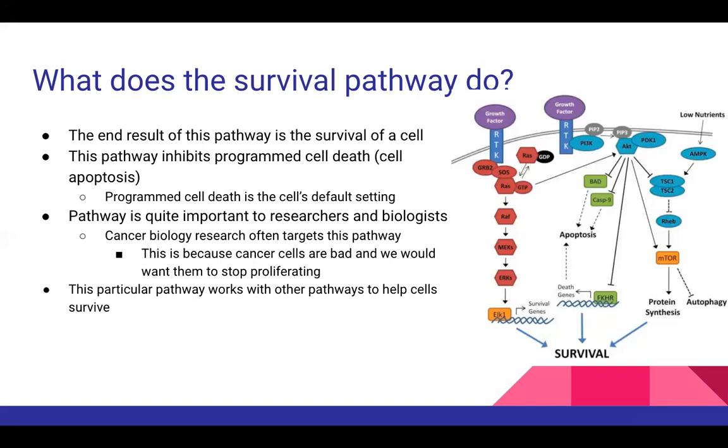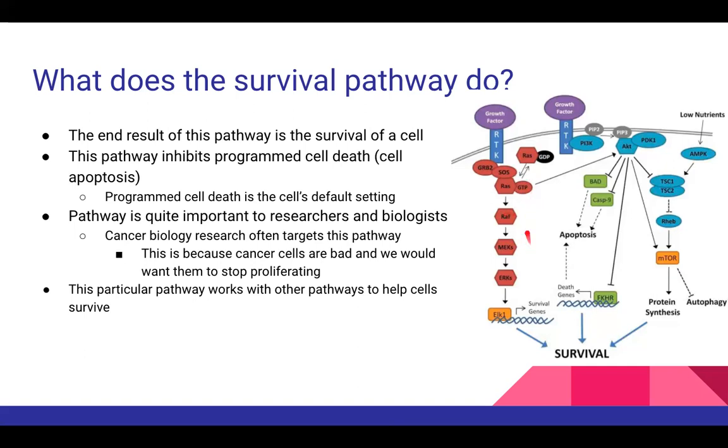The pathway works with other pathways to help the cell survive. You can see from the diagram on the right, which I think is just something off of Google, it looks like it has the growth factor pathway, the survival pathway, and then you can also see the GRB2 SOS RAS pathway, which is the RTK MAPK pathway, I believe.